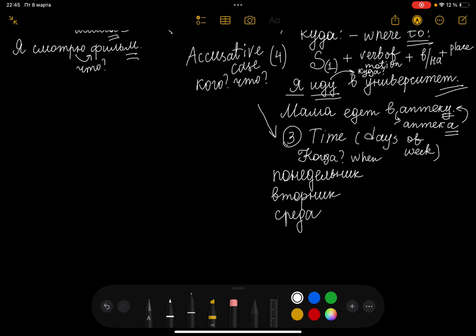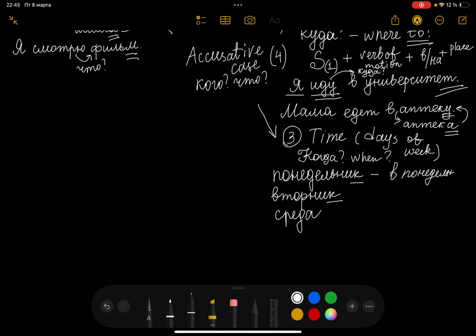when, and you want to answer using days of week, you should use preposition в, and then you need to put the day of week in accusative case form. But we know and we see that понедельник and вторник are masculine and inanimated, so we don't change these forms.